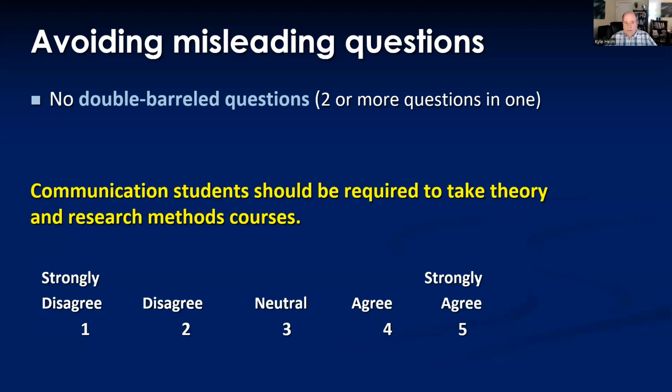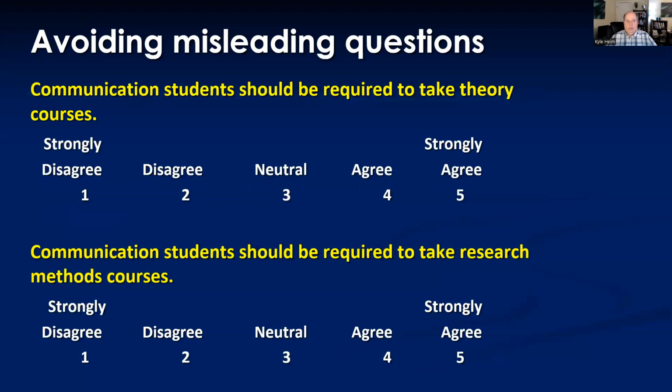So the easy fix, of course, would be to split it up into two separate questions. One question about the theory courses and one about the research methods courses. Now, yes, this makes your survey longer, and it also does make your survey seem maybe a little repetitive to some people. A common complaint about surveys is, boy, it sure seemed repetitive.